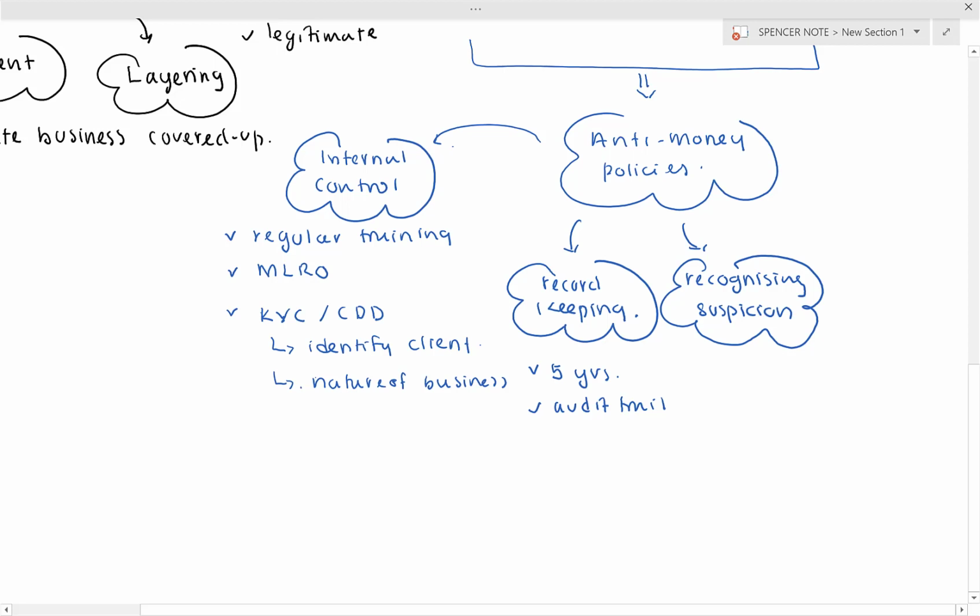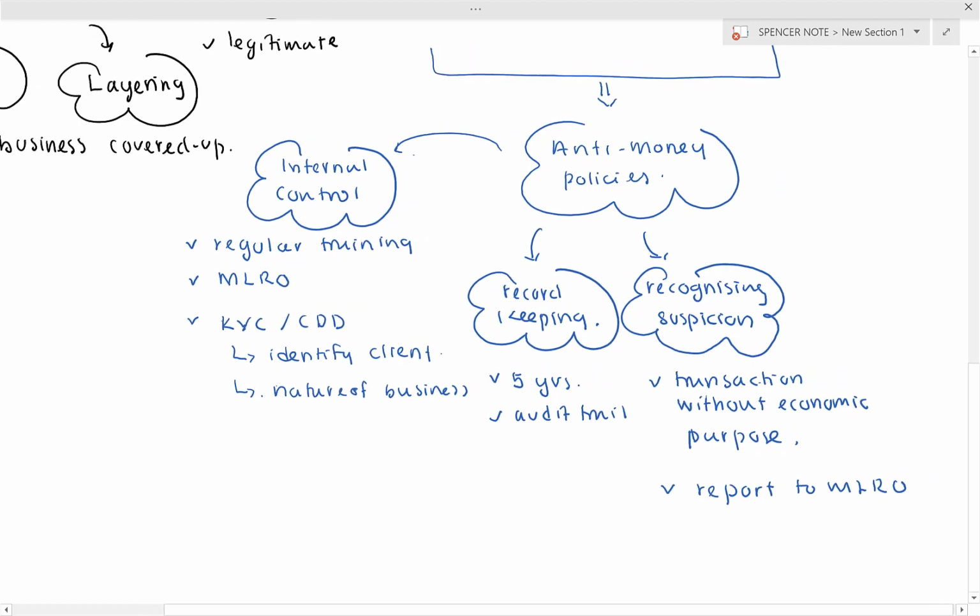Any transaction without economic or lawful purpose should raise a suspicion. And it is the duty of the staff to report it to the money laundering reporting officer of the firm.